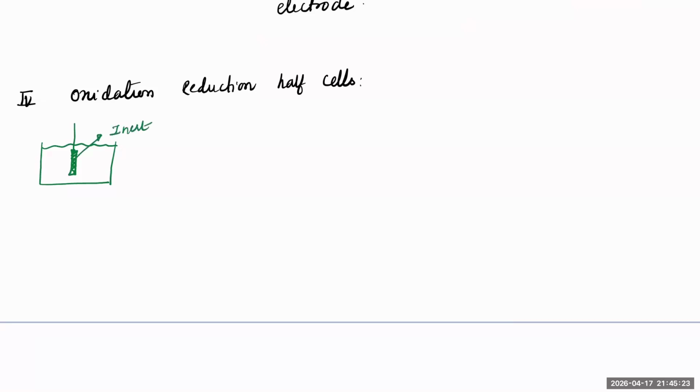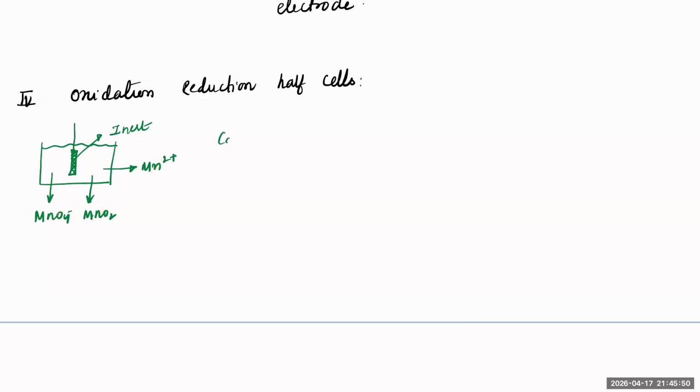In the case of an inert electrode, whatever manganate is there will get converted into MnO2. And the other ion of manganese present is Mn2 plus.